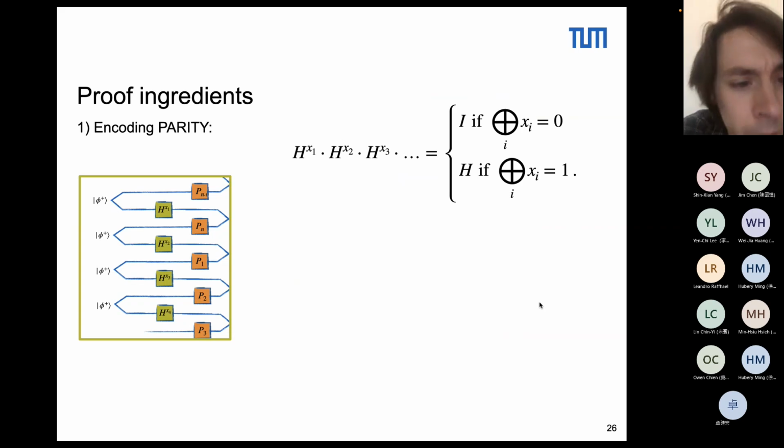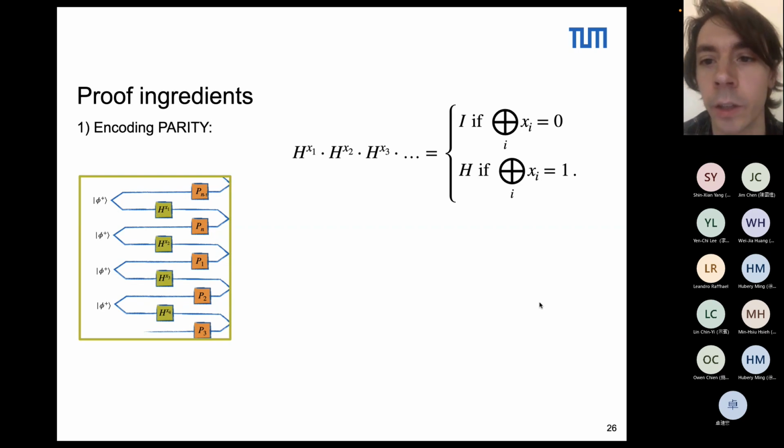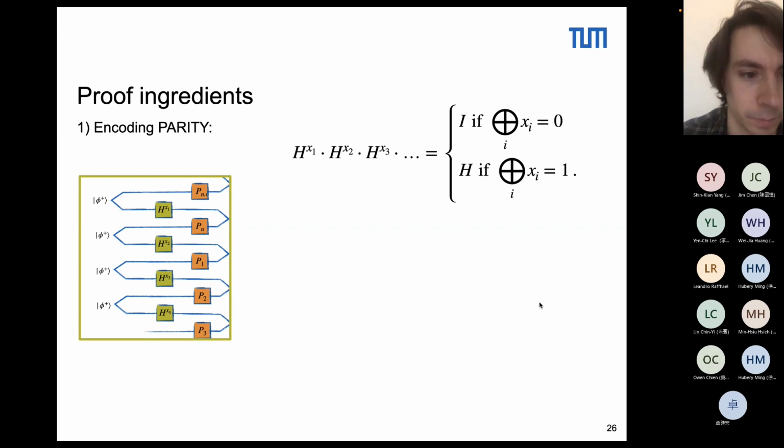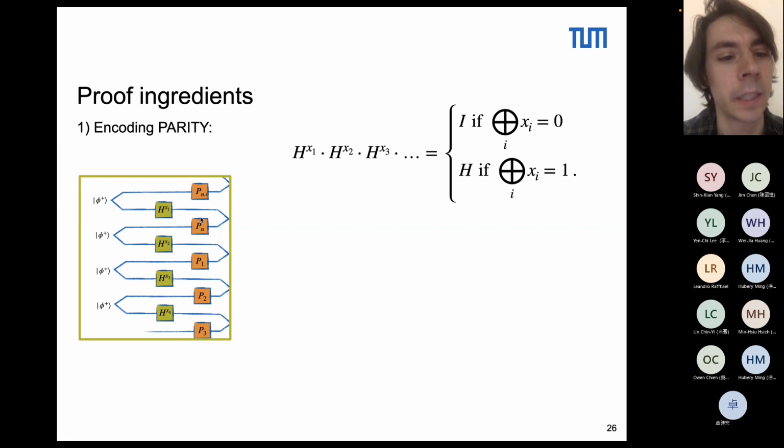So we sample x1 to xn at random, and then the sum modulo 2 of these variables determines if the product of these gates is identity or Hadamard. Solving the parity problem here means finding out if the total number of Hadamard gates is even or odd.